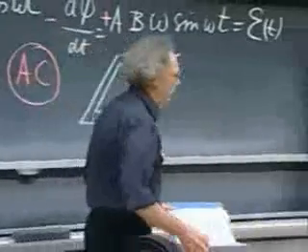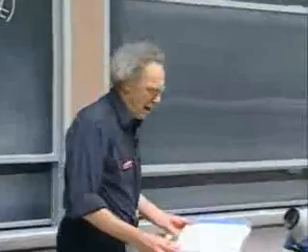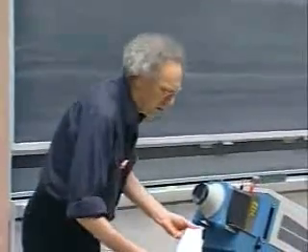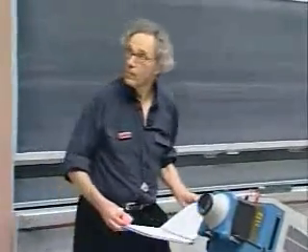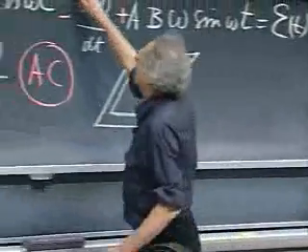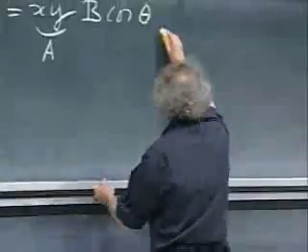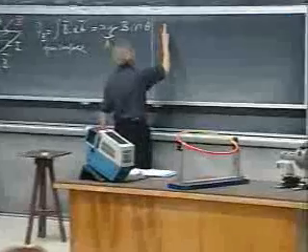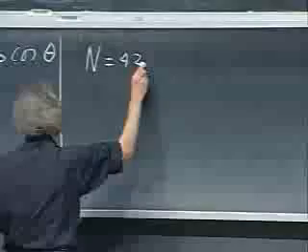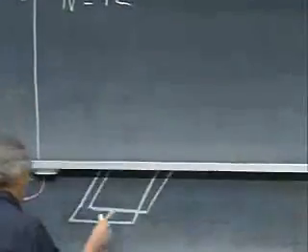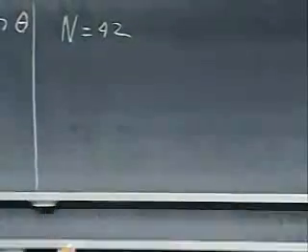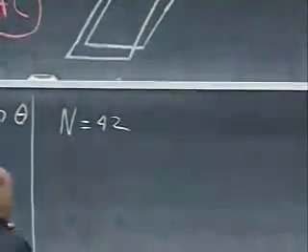I'm going to do a demonstration for you whereby I'm going to use the Earth's magnetic field and a loop that you see here that has 42 windings. So my capital N is 42, not just 2 like here, but 42. And it is circular.